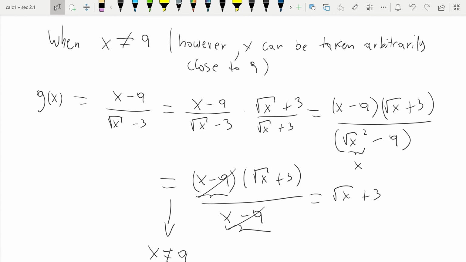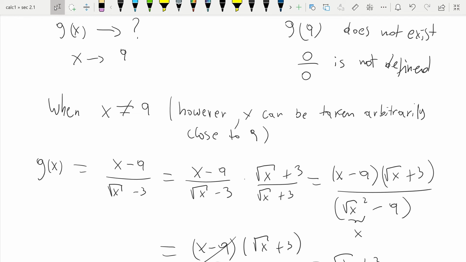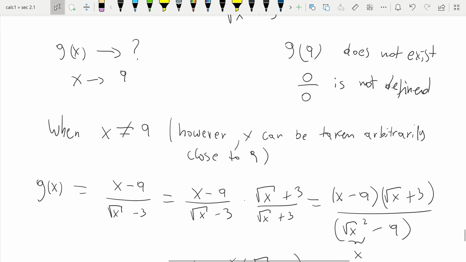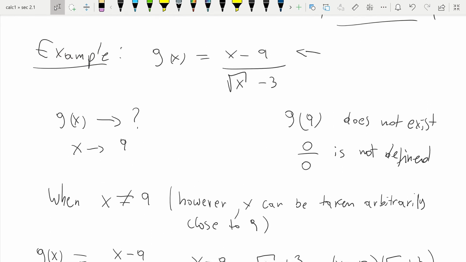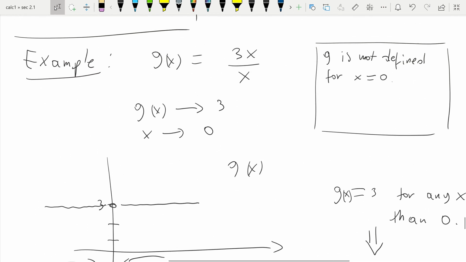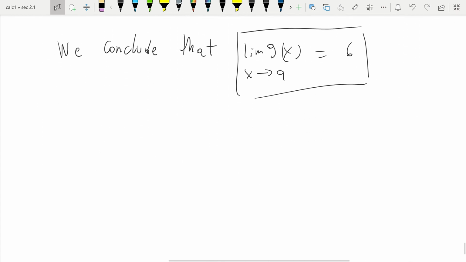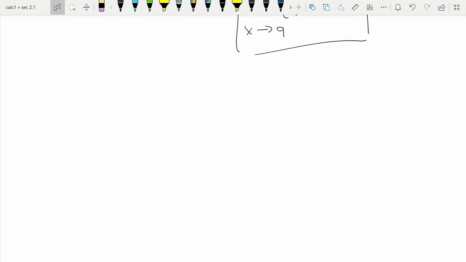So no exponentials, no logarithms, and no trig functions. Then we can usually go about these problems in this way. Okay, so those are the examples that have to do with how to compute limits by looking at what happens near the point.